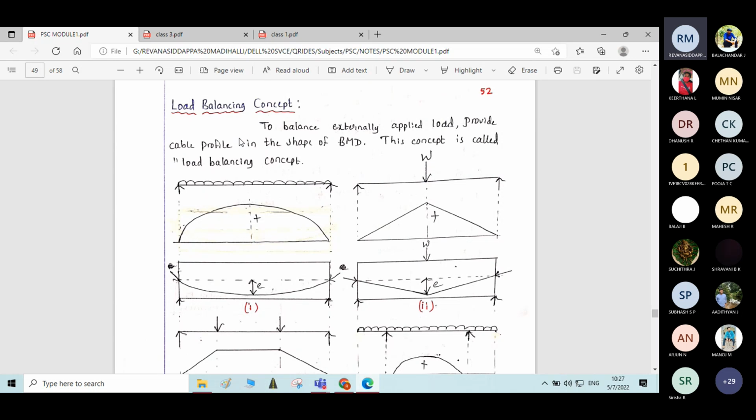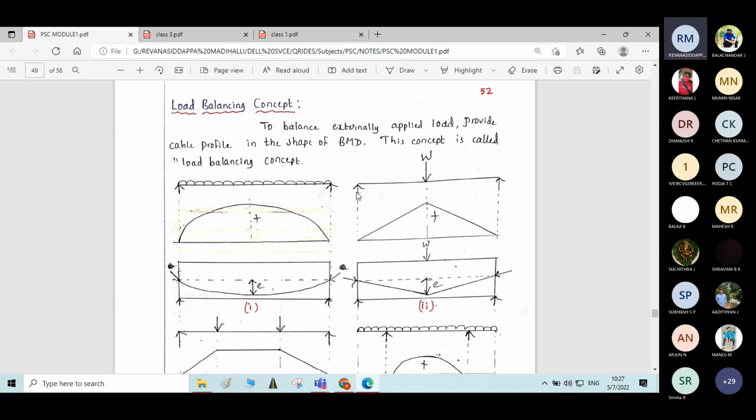Load balancing concept means the balancing of externally applied load by providing a suitable cable profile, referring to the bending moment diagram profile of the beam. Providing a suitable cable profile with respect to the profile of the BMD, it's called the load balancing concept.